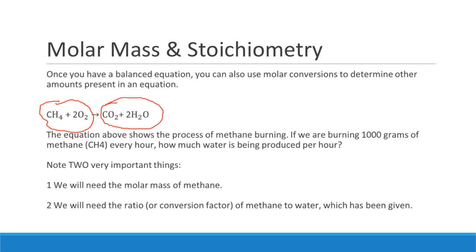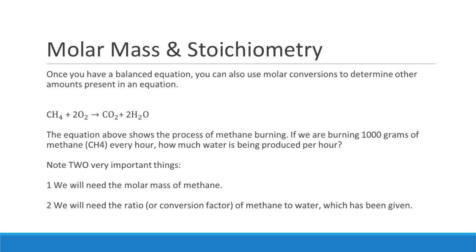So you have the same number of carbon on the left as you do on the right, the same number of hydrogen on the left as you do on the right, the same number of oxygen on the left as you do on the right. Then you can use molar amounts to predict products, even if you only have the reagent, or the reactant. So we can see that this is balanced, right?